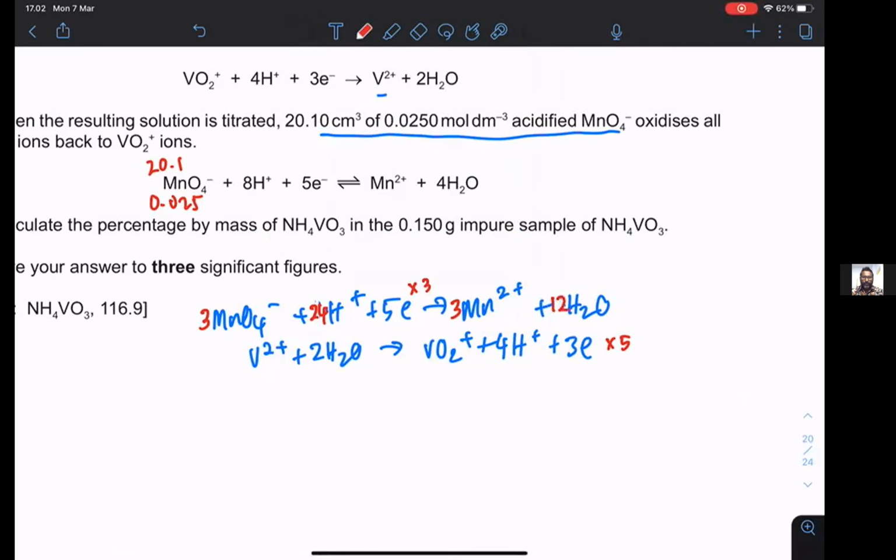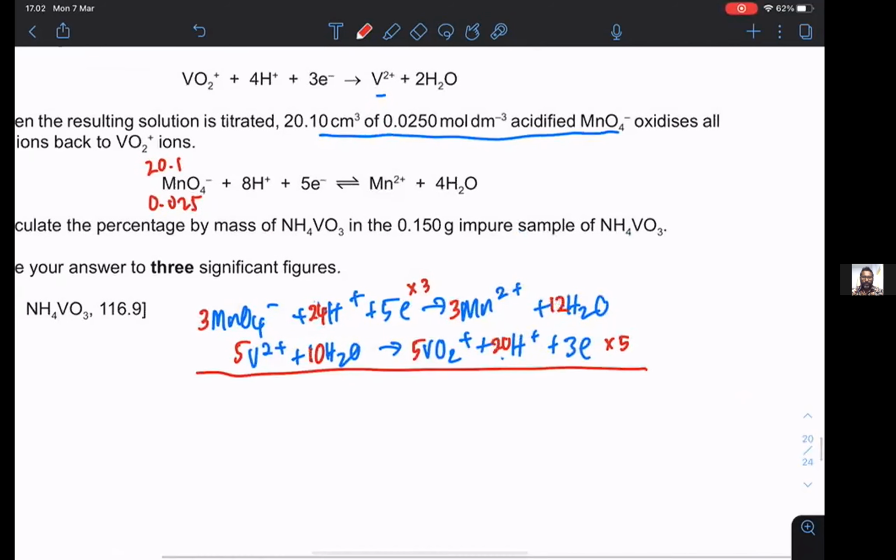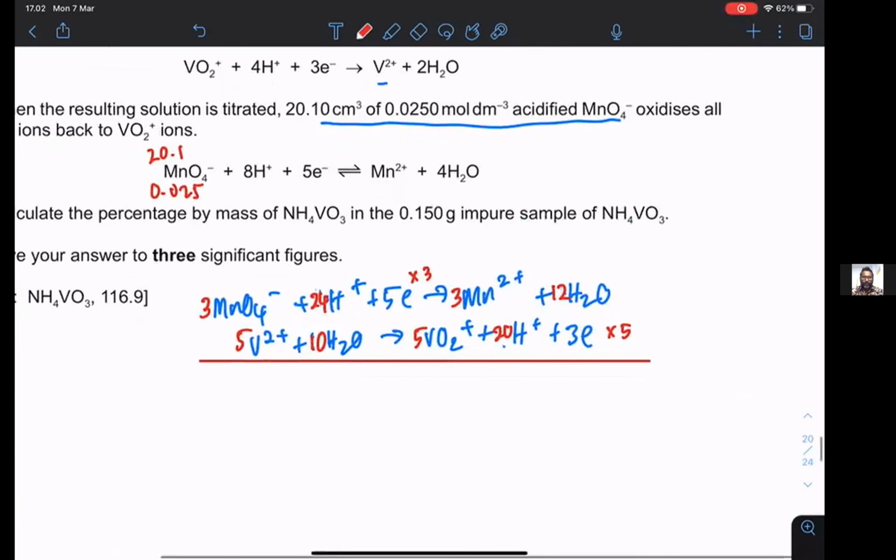And then times by 5, so this is going to be 5, then 10, and then this is 5. So 5 times 4 is 20, and then 15. So when I add this together, I am going to eliminate the 15 electrons. So I'm going to get 3 MnO4 minus plus 24H plus, I just write down everything first.